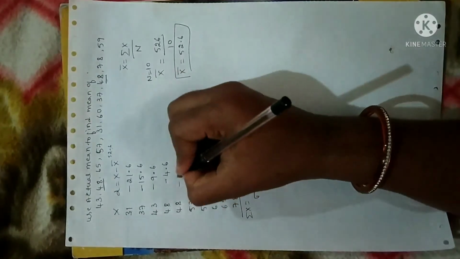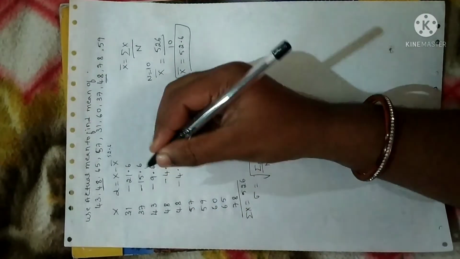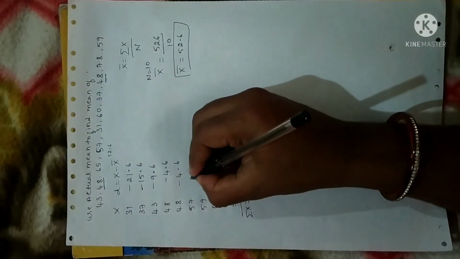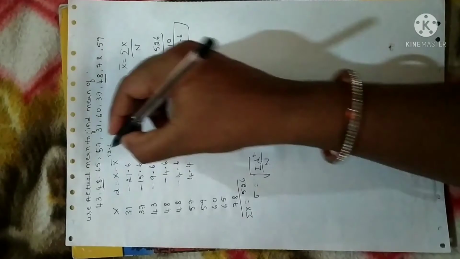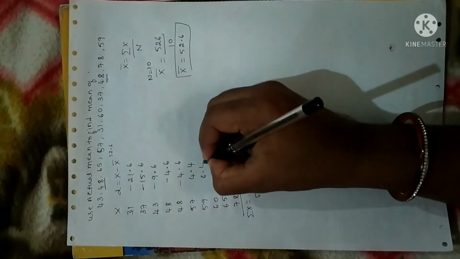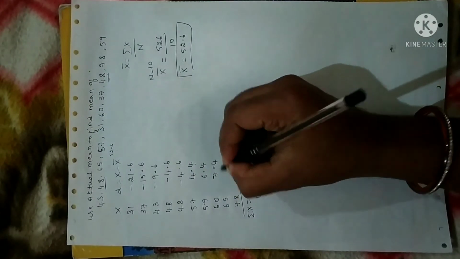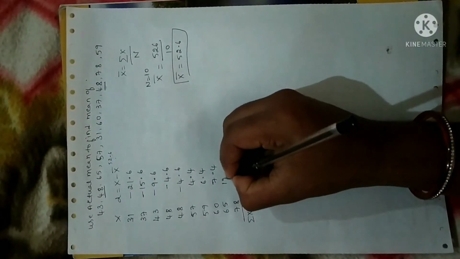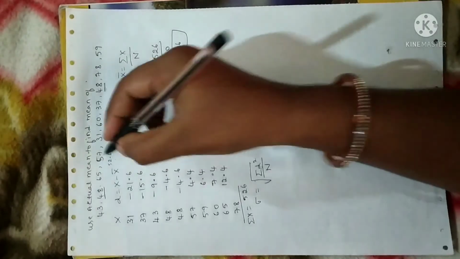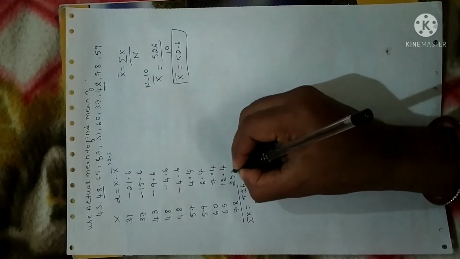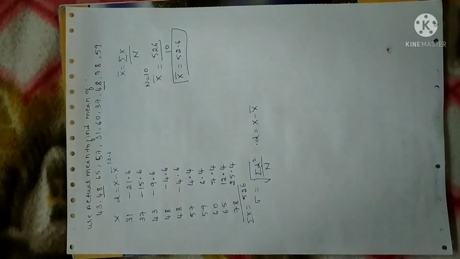Again 48 I have, so minus 4.6. Again 57 minus 52.6 is plus 4.4. 59 minus 52.6 is 6.4. 60 minus 52.6 is 7.4. 65 minus 52.6 is 12.4. 78 minus 52.6 is 25.4. So d value I have obtained.